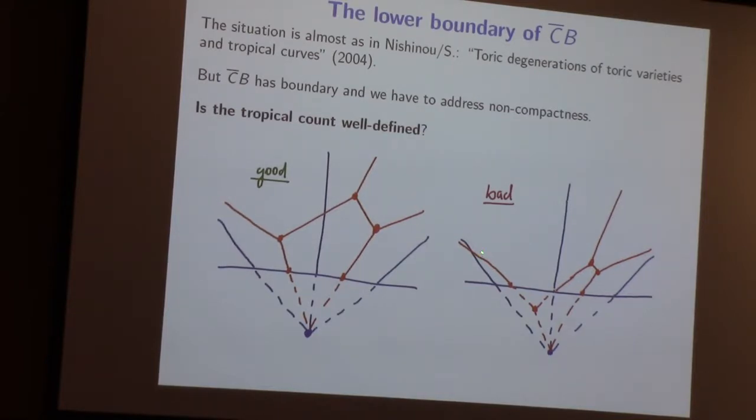And if you move them too far, if you force them to lie too far down, some vertices vanish under your horizon. You can't see them anymore, and the curve becomes disconnected. So that indicates there should be some problem with compactness in the deformation process. And certainly also in the tropical counting problem, because that looks a bit strange. You don't want to count this stuff. That's a good thing. This is something strange.